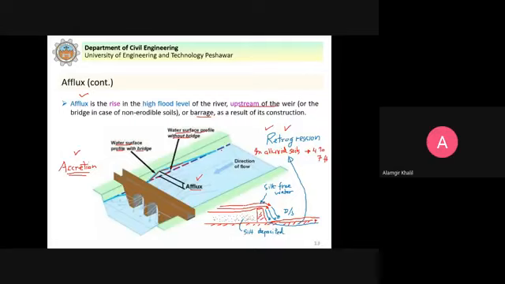The accretion, or the process of recovery of the downstream bed level, is a slow process, and it may take 20 to 30 years. Clear? 20 to 30 years. So these were a few terms that were related, and you should have some idea about this.